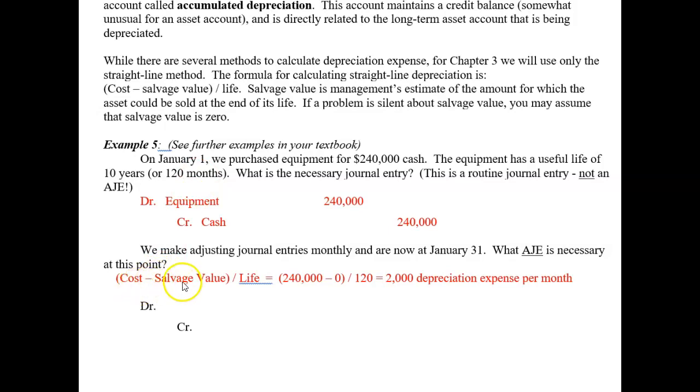So cost minus salvage value divided by life in this problem equals $240,000 cost minus zero salvage value divided by 120 months. And that equals $2,000 of depreciation expense per month.